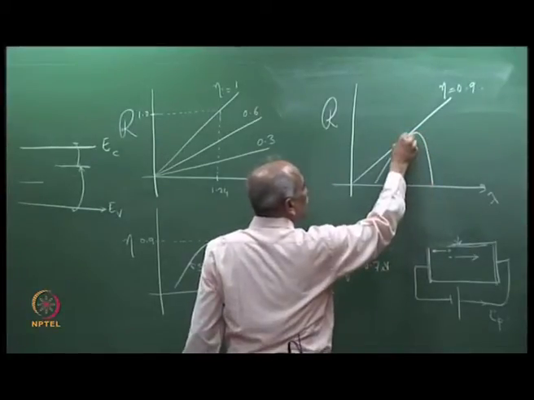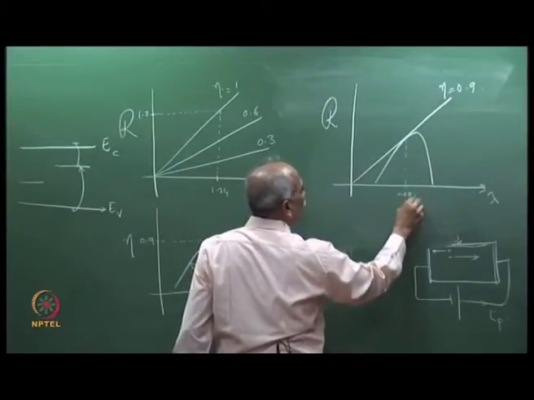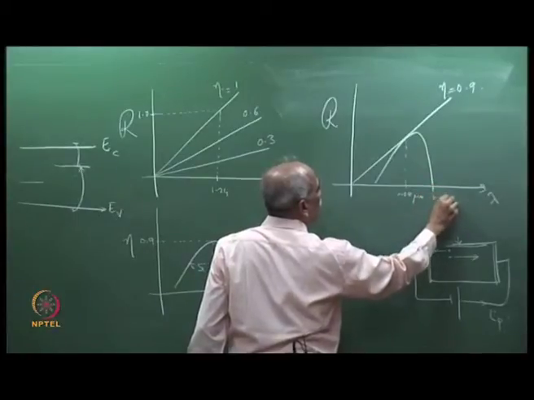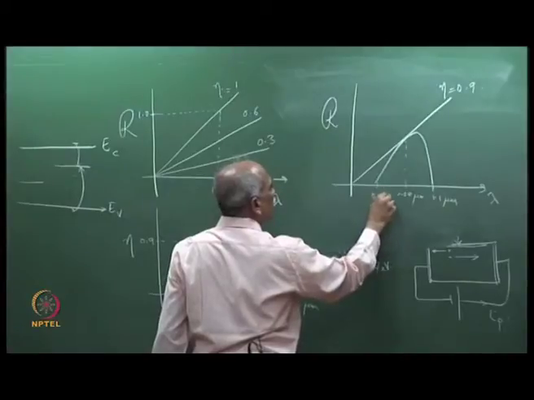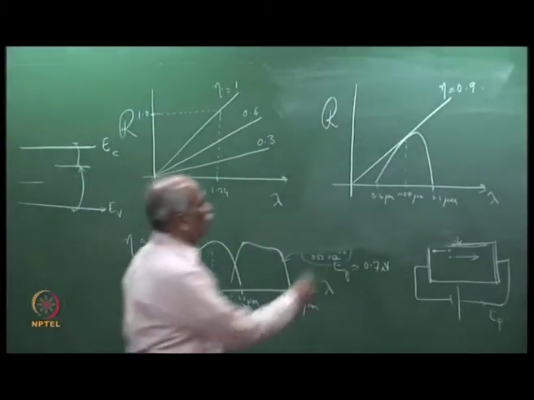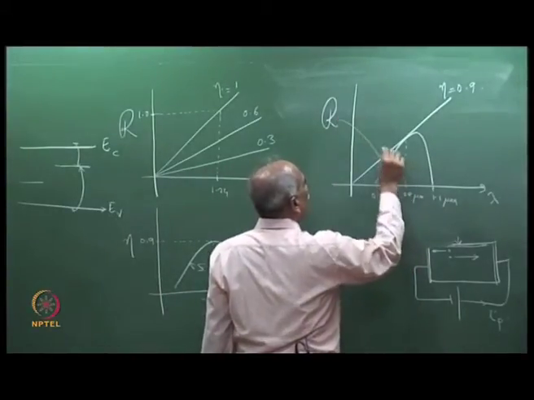Where it touches is about 0.8 micrometer, and this is 1.1 micrometer, and this end is approximately 0.3 or 0.4 micrometer. So, what I have plotted is the real responsivity of silicon.